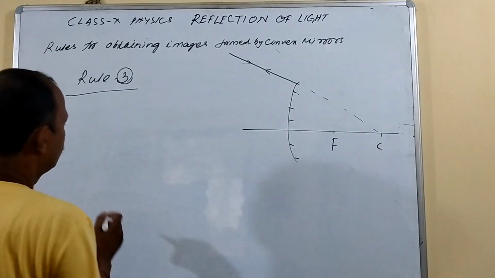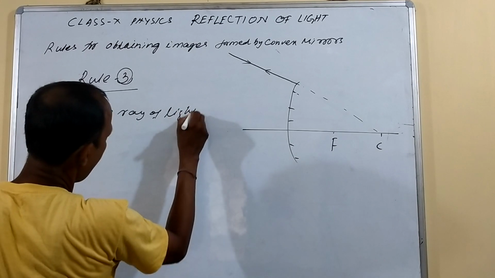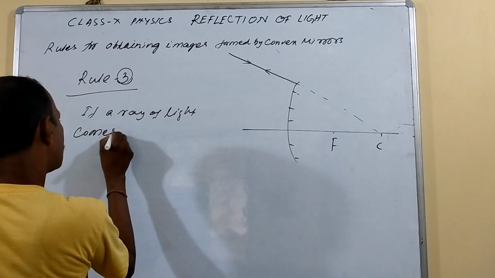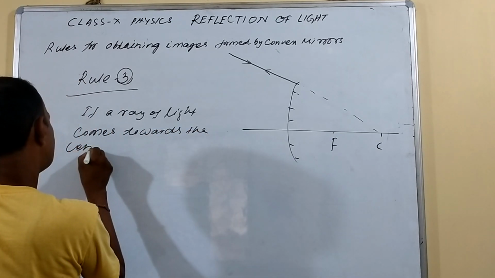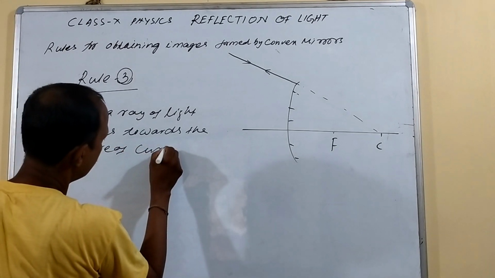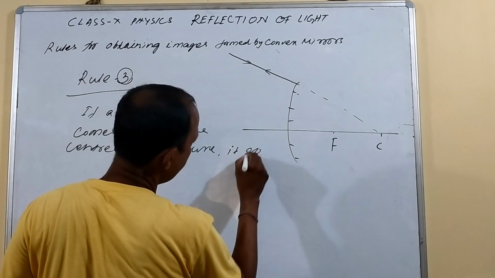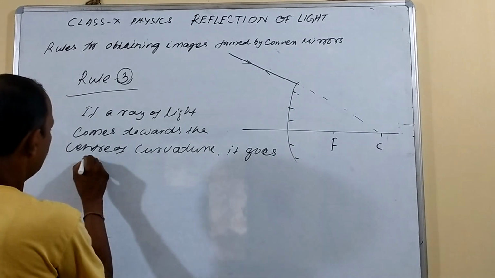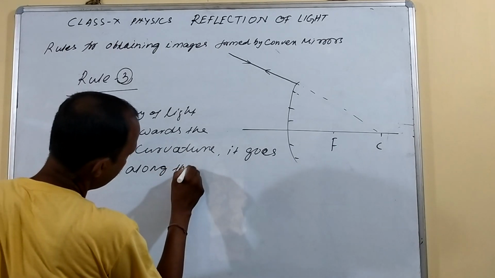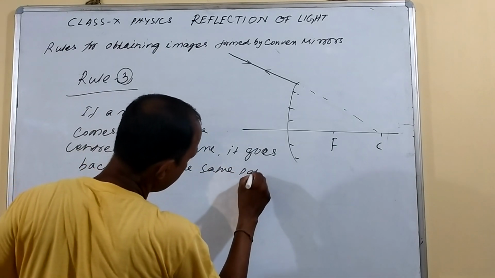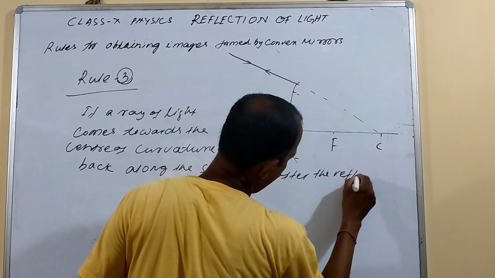So I can say that if a ray of light comes towards the center of curvature, it goes back along the same path after the reflection.